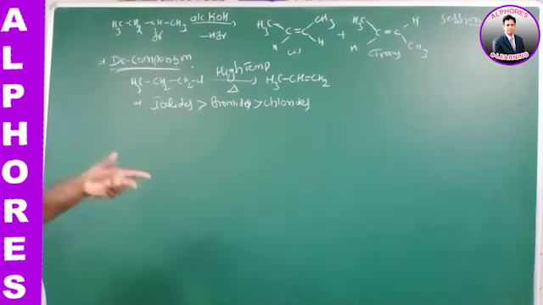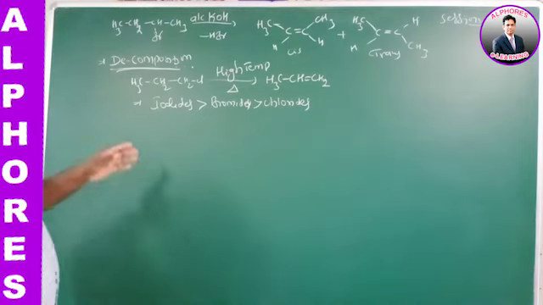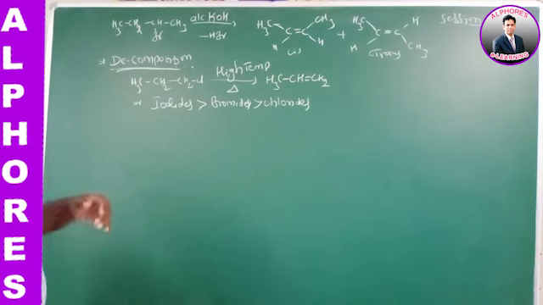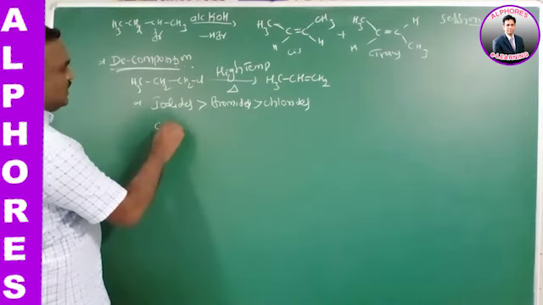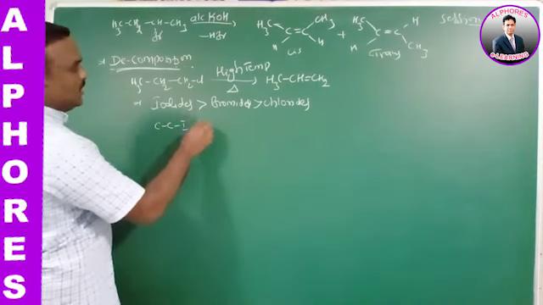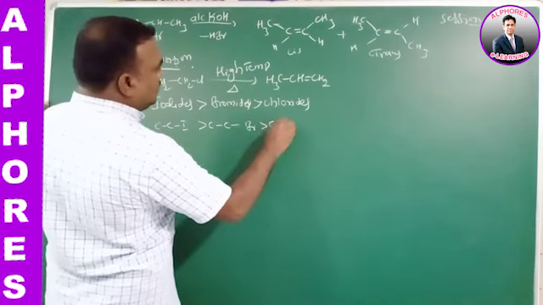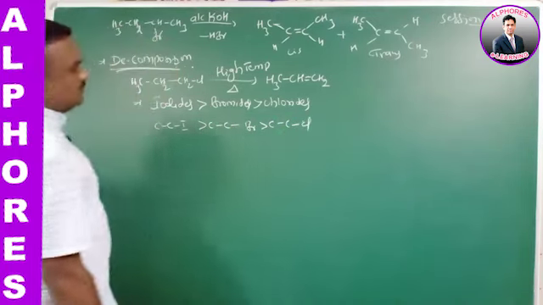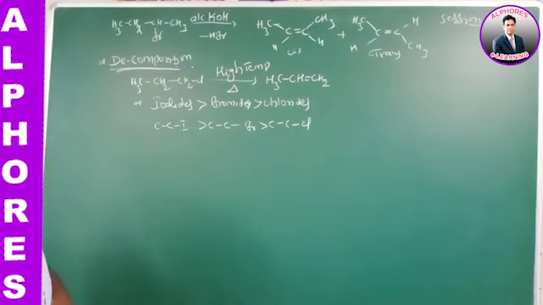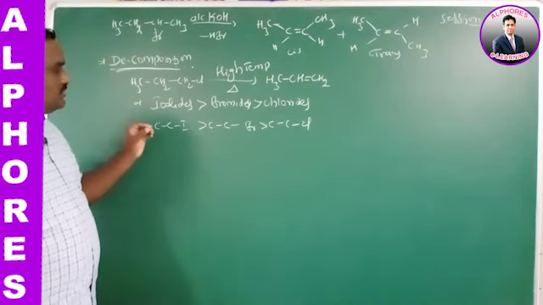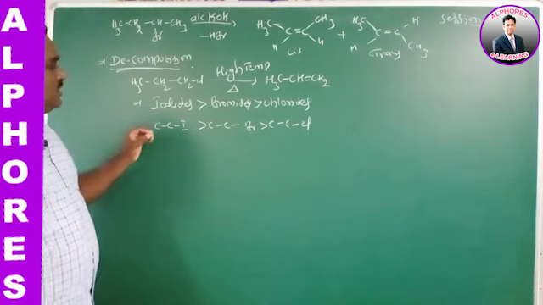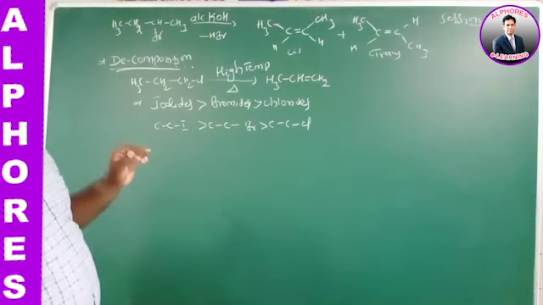So iodides, bromides, chlorides, with no change in the chain. For example, here ethyl iodide is given, here ethyl bromide, here ethyl chloride.